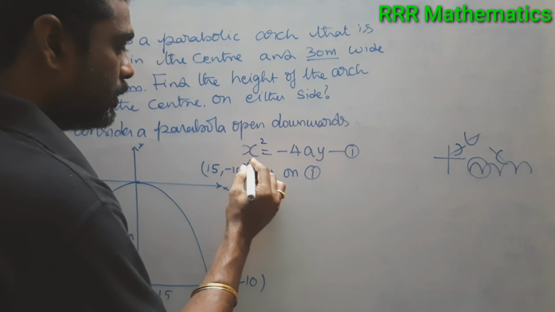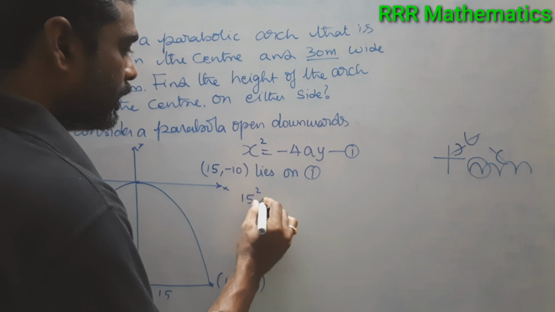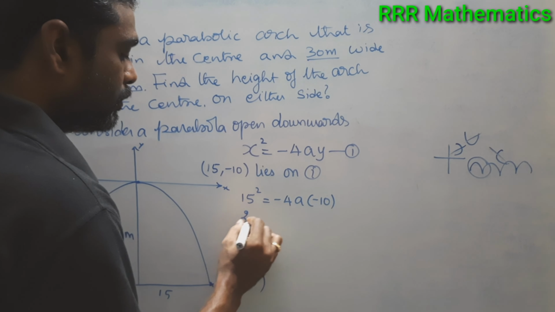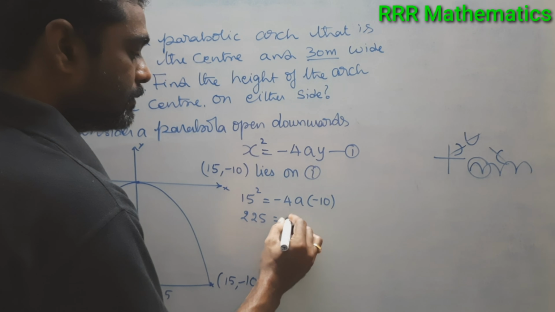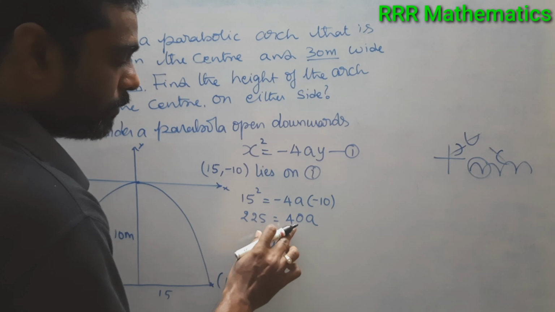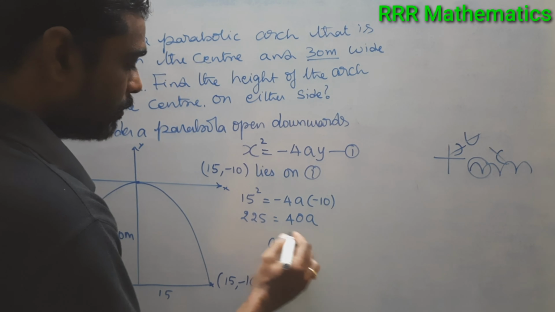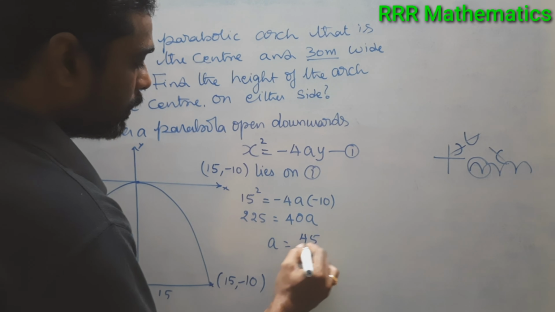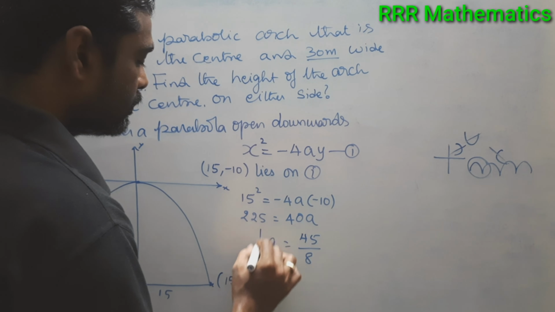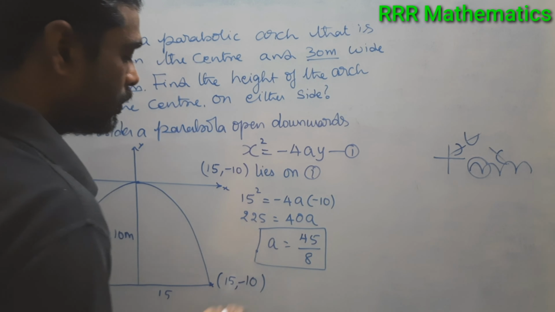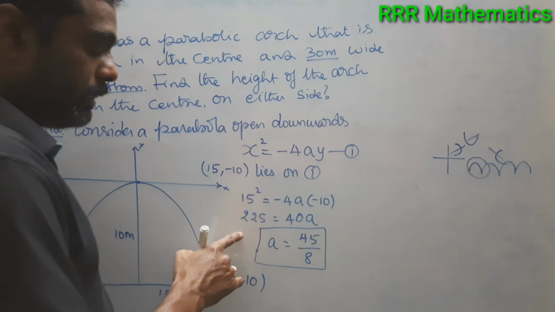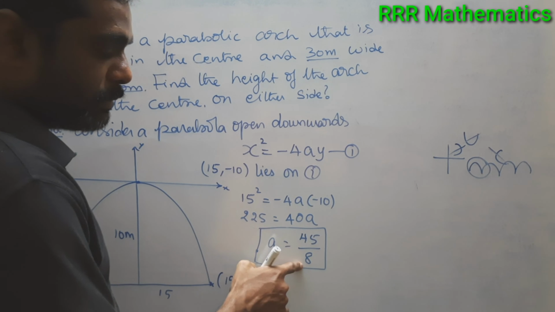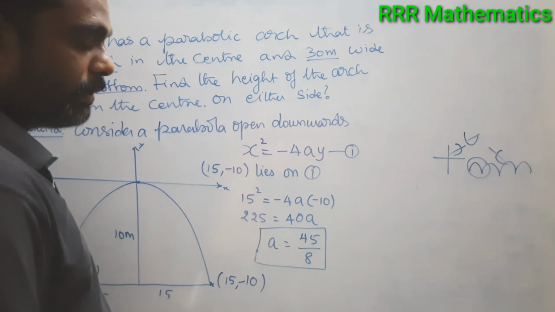Substitute x is 15, so 15 square equals minus 4a, y is minus 10. It will be 225 equals 40a. When you divide by 40, we get a equals 45 by 8, since 40 is 8 times 5 and 225 is 45 times 5, so 5 gets cancelled.